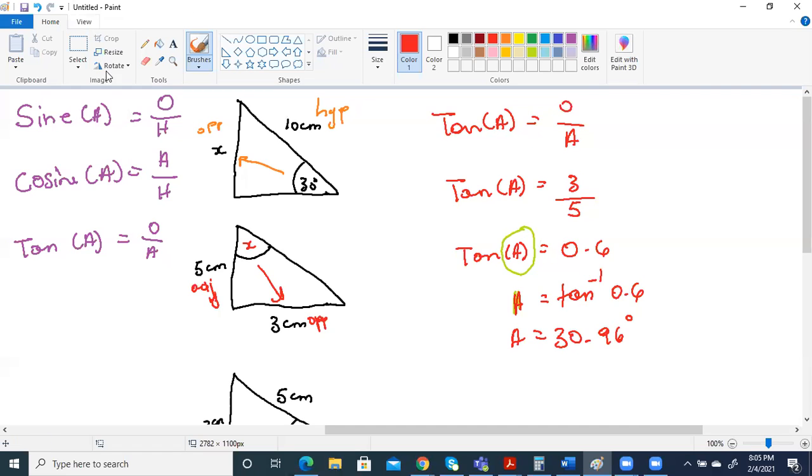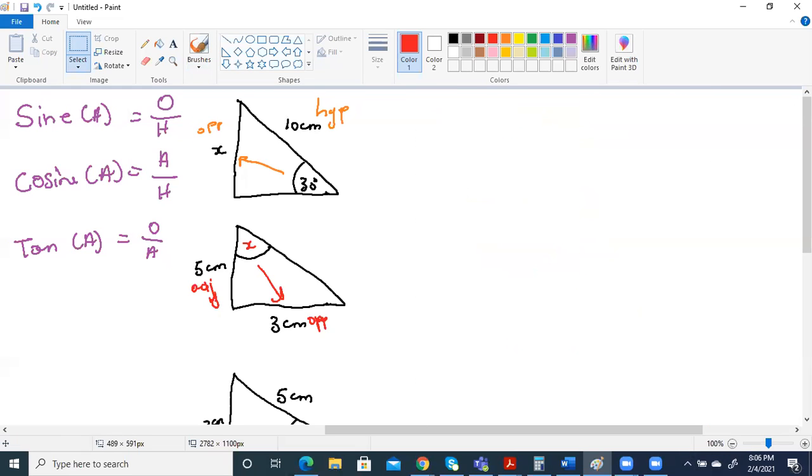Any questions for that one? Okay, so our last. What kind of calculator do you have? We are going to find the inverse for second. You have to press shift or second function.